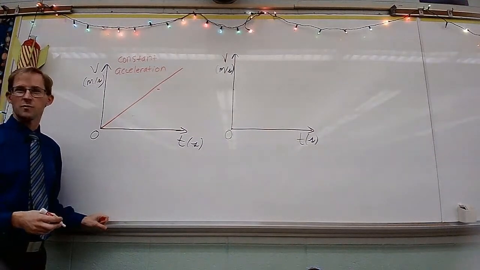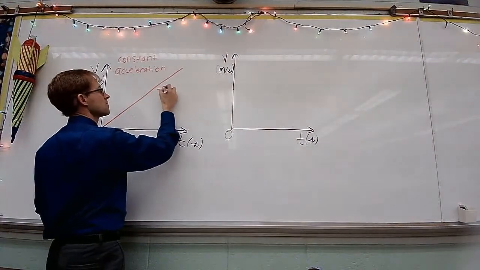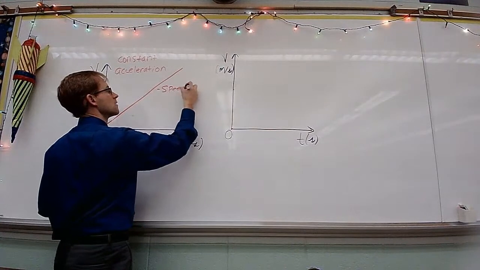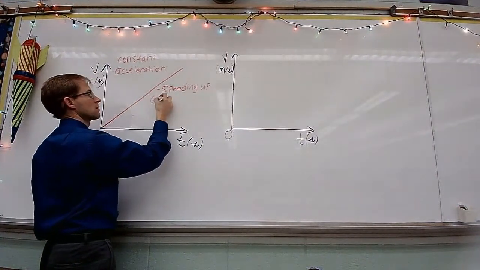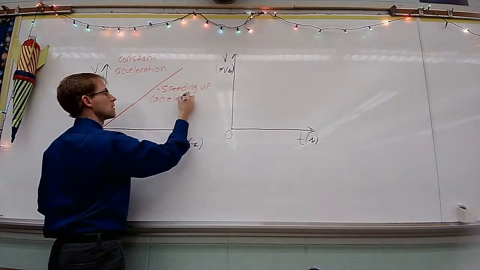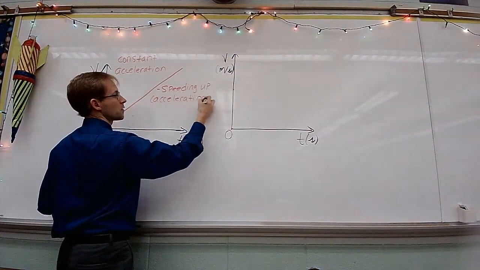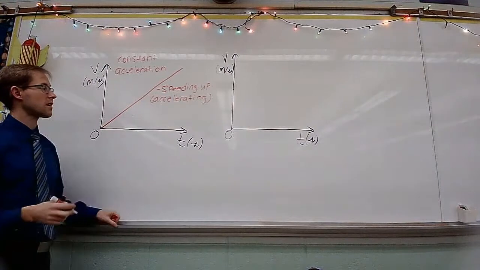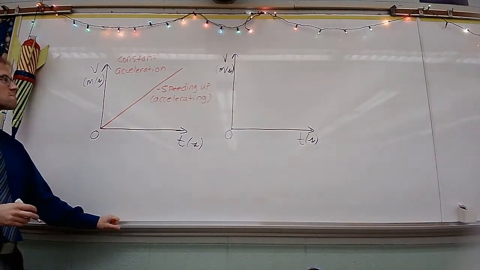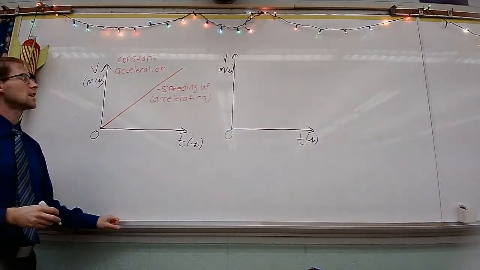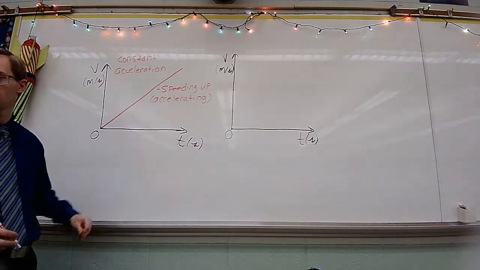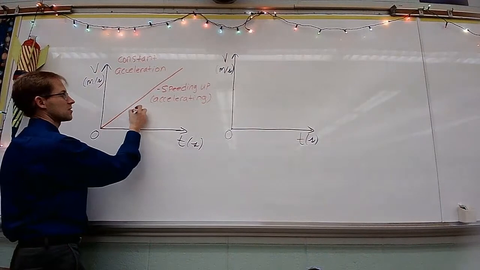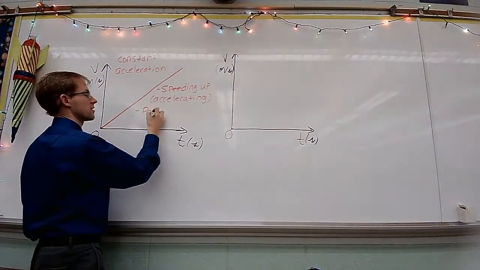Obviously, we are speeding up. And so we would say that Donatello is accelerating here. This all seems straightforward so far. You'll see why we have to be specific in the next example. And this is also a positive acceleration.